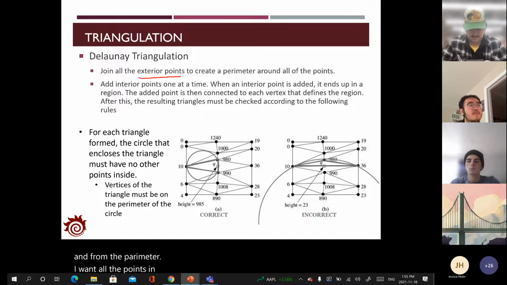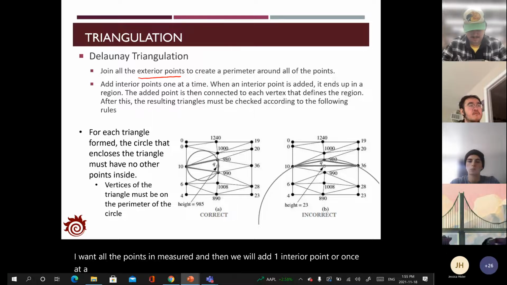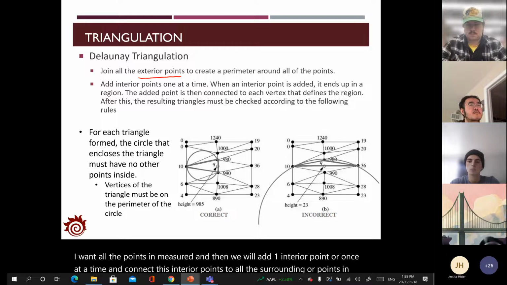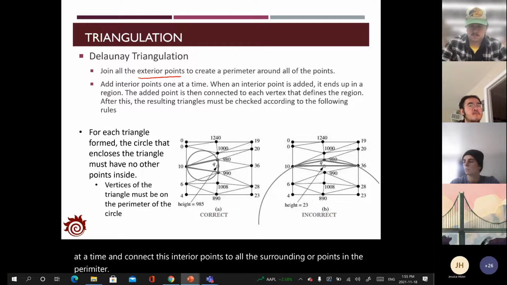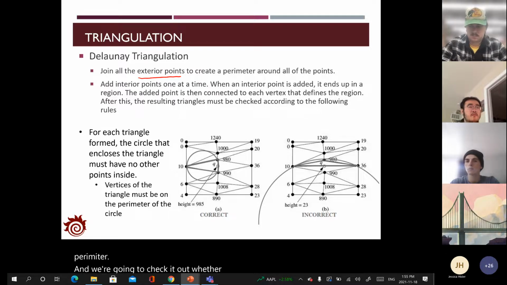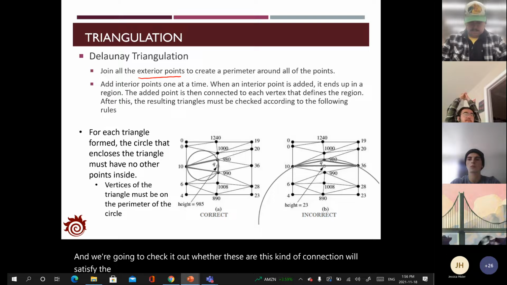And then we will add one interior point at a time and connect this interior point to all its surrounding points in the perimeter. And we're going to check whether this kind of connection will satisfy the circle condition.